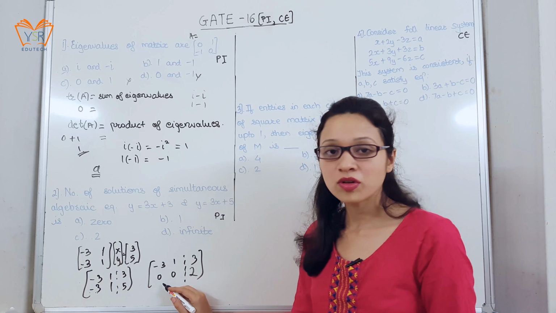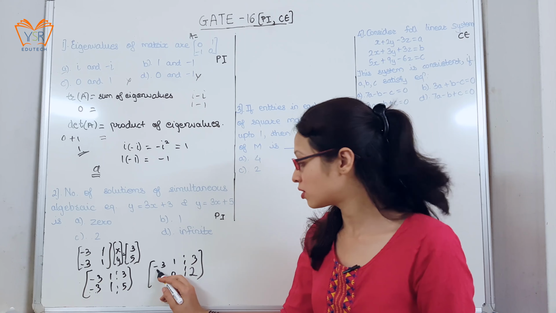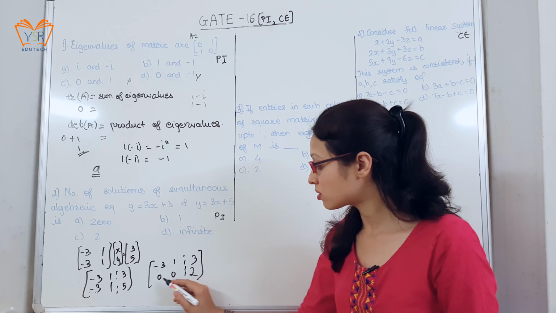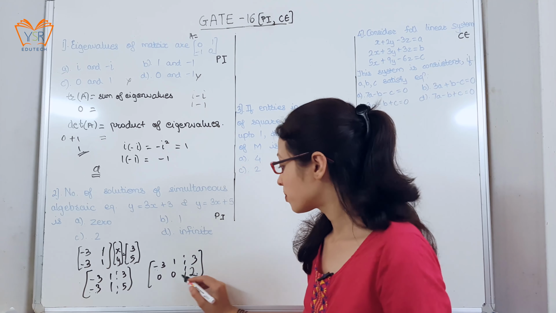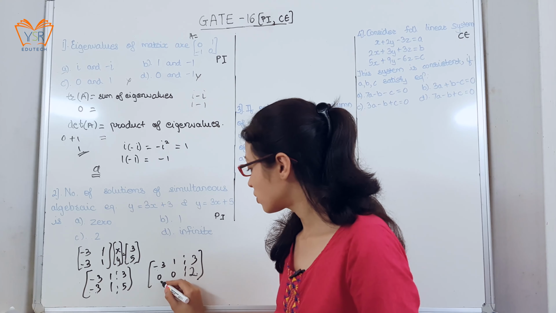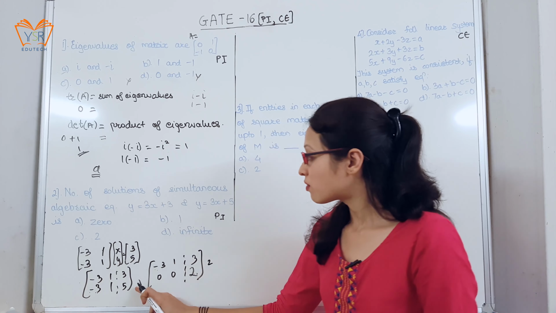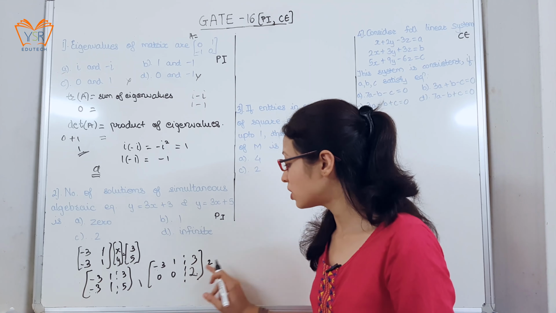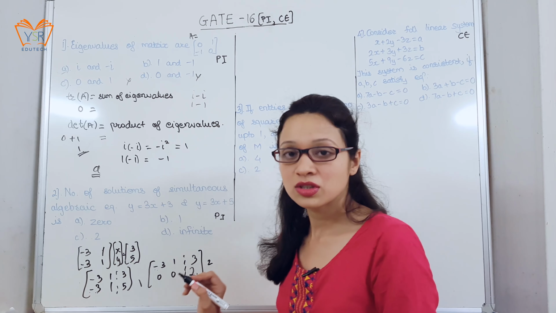So the rank of the coefficient matrix is equal to 1, as there is only one linearly independent row. But the rank of the augmented matrix is 2, because the last element of this row is not equal to 0. For the system to be consistent, or to have a solution, both ranks should be equal, but they are not equal. So there is 0 solution.